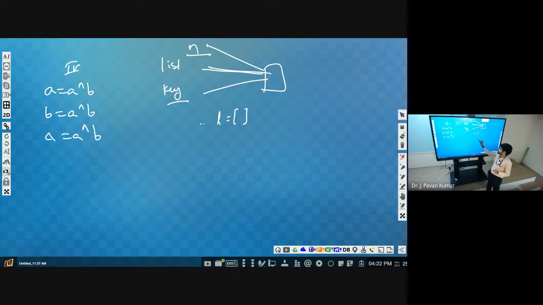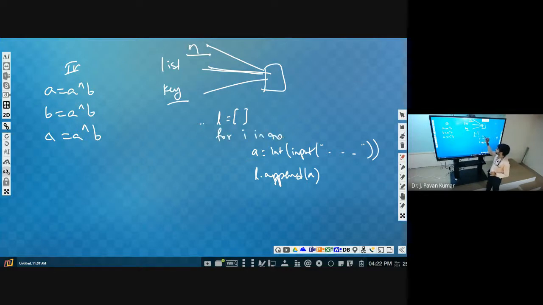Next, for every element we will be taking input like integer of input of enter some element, then for this L we will be appending. So L dot append of A. Okay, this we will be repeating for how many times? The number of elements. What is this n value? That we will take from the user only. So like this we will be getting the list of elements.